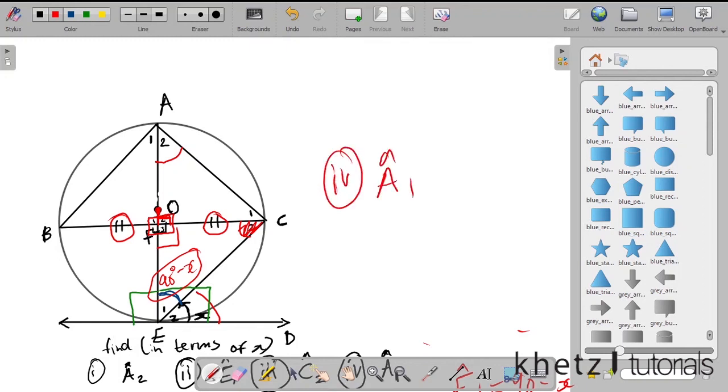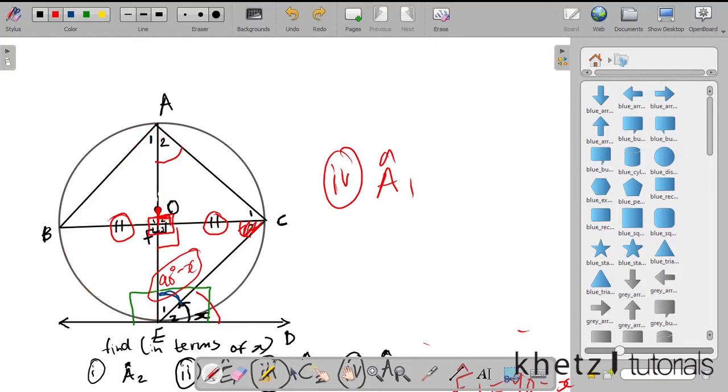So where's A1? A1 is over here. What can we do to find the value of A1? There are quite a few ways you can actually find that value. And the first one, or the simple one, would be that if you look at this arc over here, it subtends that angle. It also subtends that angle over there.